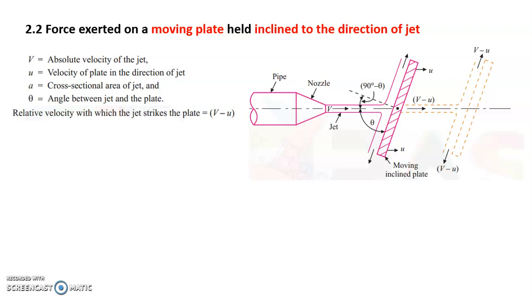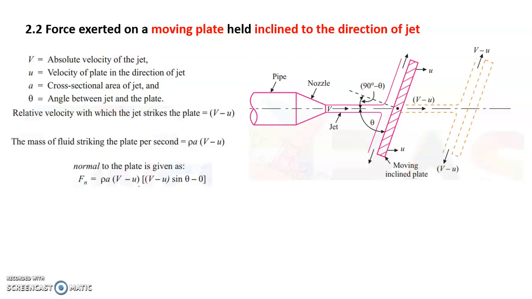So we are bothered about the relative velocity, and it is v minus u. Now we'll calculate the mass per second. The mass of fluid striking the plate per second is rho into a into, it's not just v, it is (v minus u).